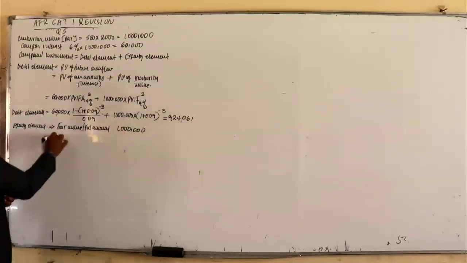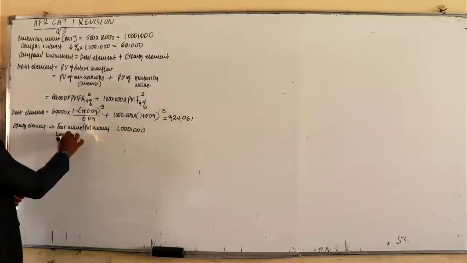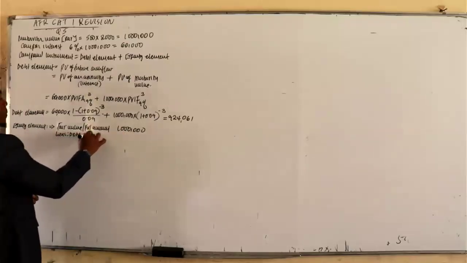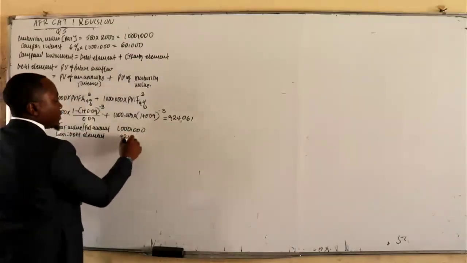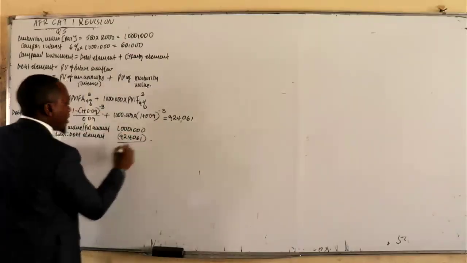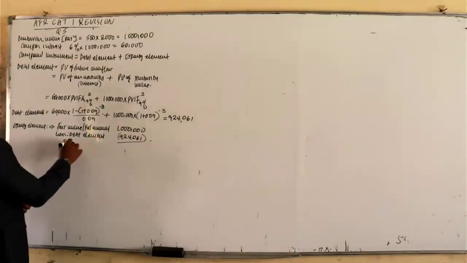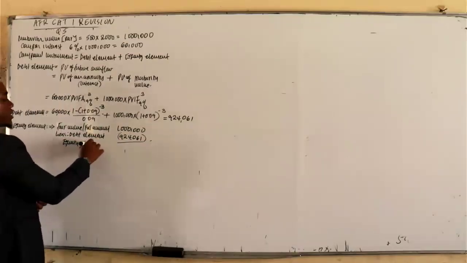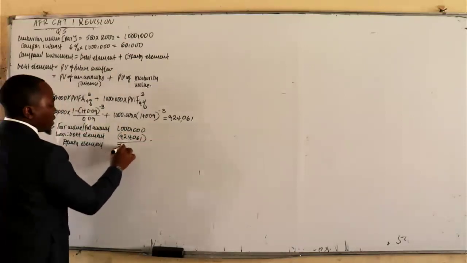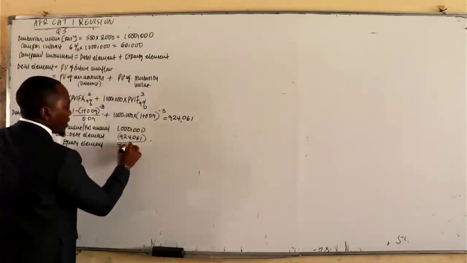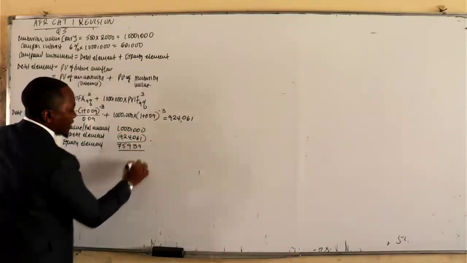Of this full amount, we eliminate the debt element. Now the debt element is 924,061. The balance will be the equity element, which is an amount of 75,939.